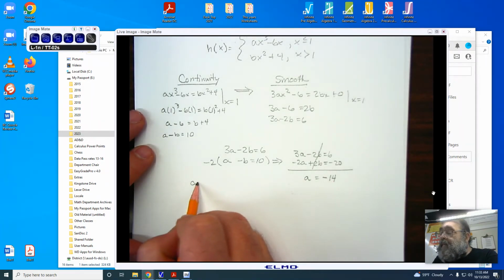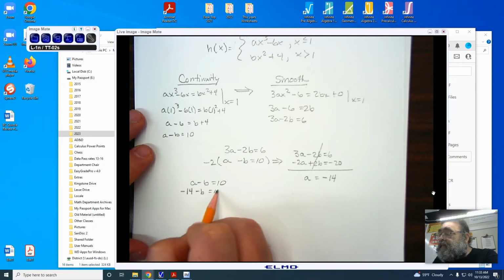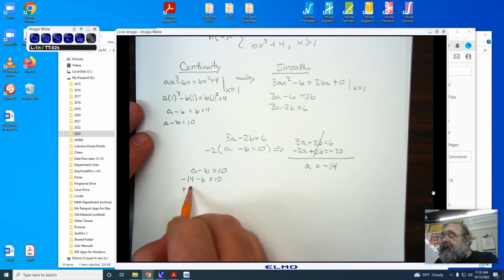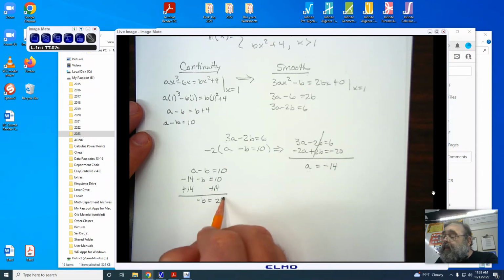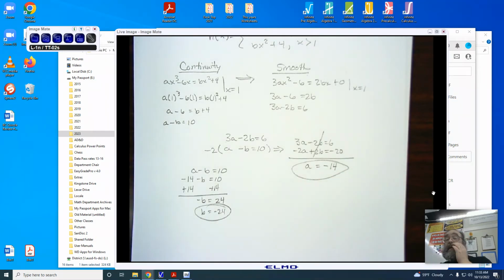I prefer a minus b equals 10, and I'm going to substitute the a for negative 14. I'm now going to solve by adding 14 to both sides and then multiplying through by a negative in front of b. I end up getting b equals negative 24, and my a was negative 14.